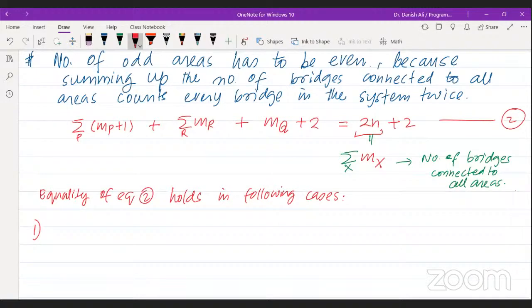For example, if I say that there is no odd area, you do not have any odd area, then this equality holds, because we have only even areas, and you have started from q, then the number of bridges to all areas will be the sum of all mr's plus mq, and plus 2 here, and this will equal 2n in that case. So the first one is no odd areas at all.